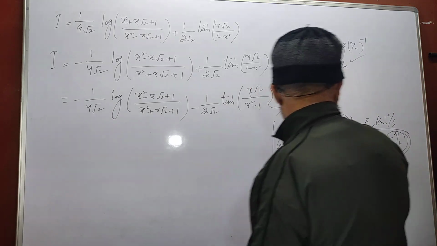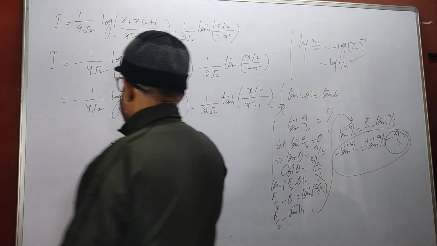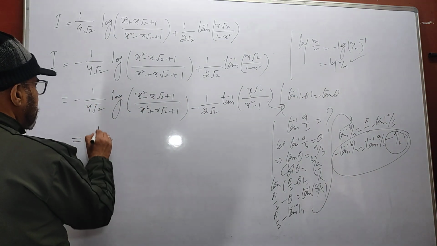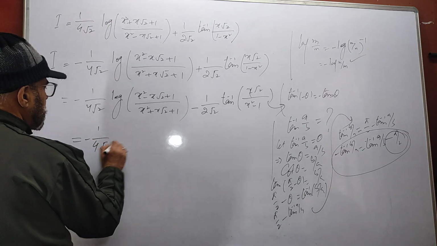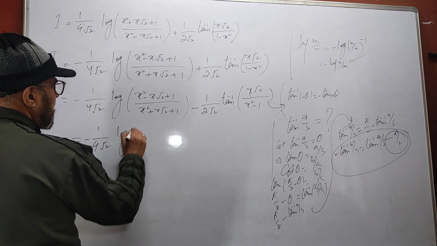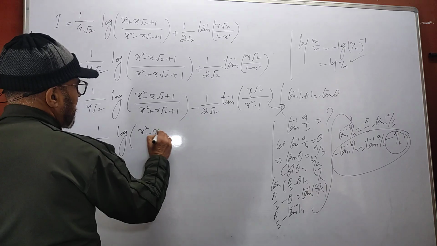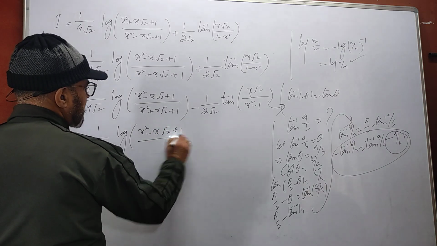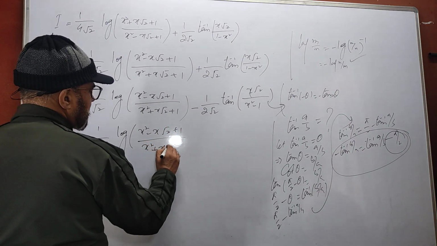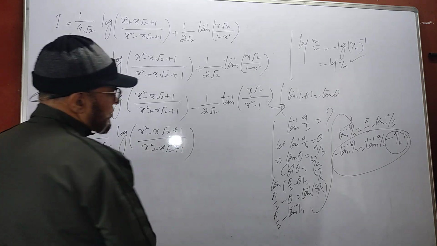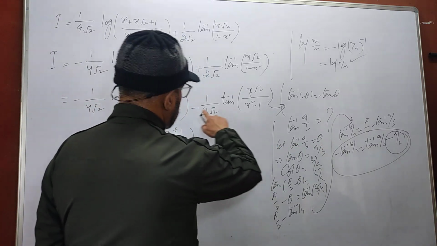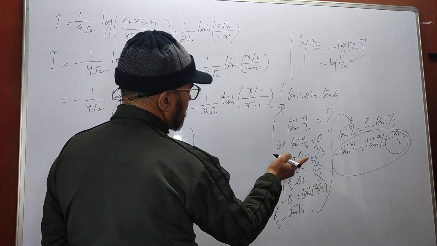So according to this result, you can write this is now minus 1 by 4 root 2 log of x square minus x root 2 plus 1 by x square plus x root 2 plus 1. So what is this answer according to this? This minus goes, merged.